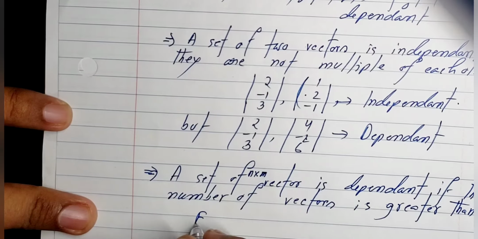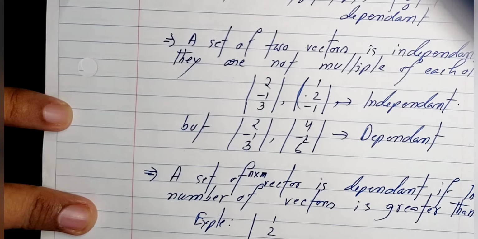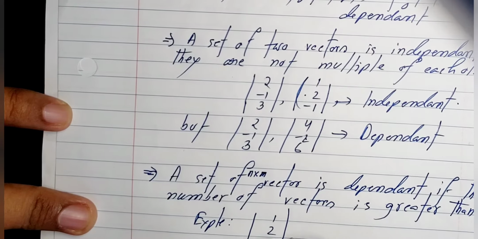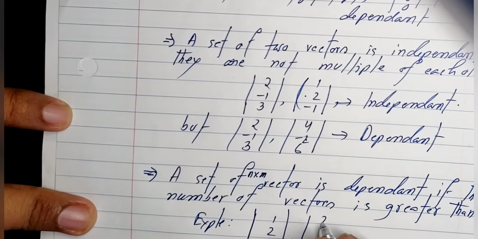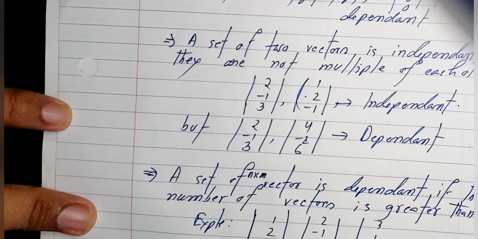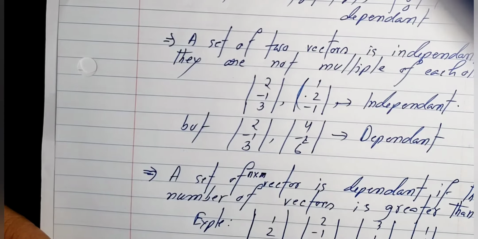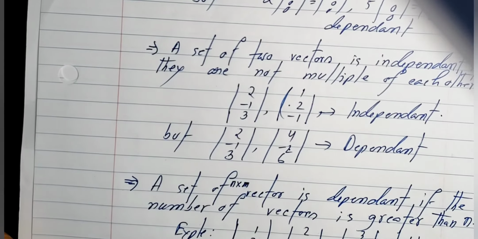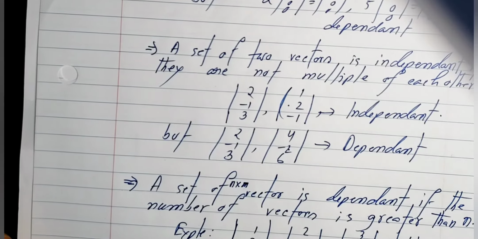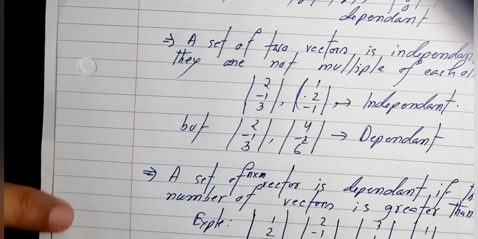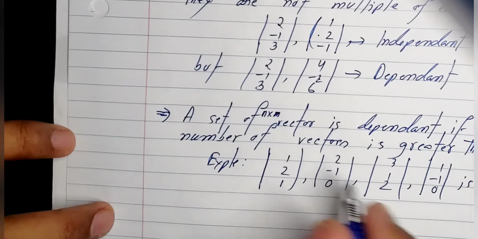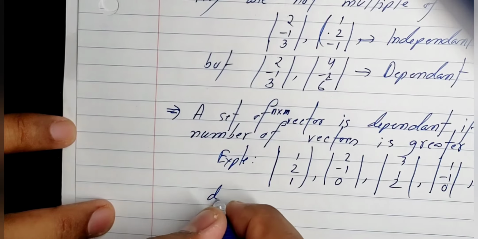For example, if you have a vector 1, 2, and 1, another vector 0, 3, 1, another 2, and 1, and another minus 1, and 0. Suppose these are your set of vectors, each one a column with 3 rows. This set of vectors is dependent.